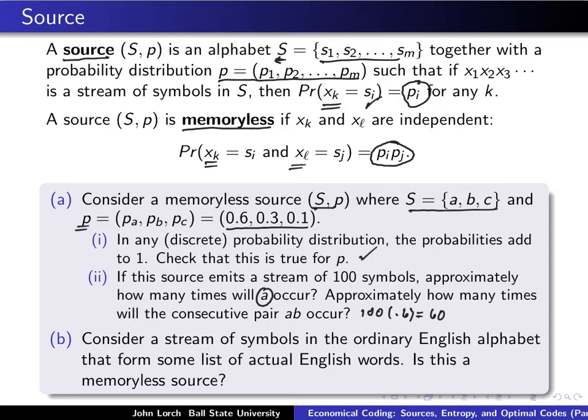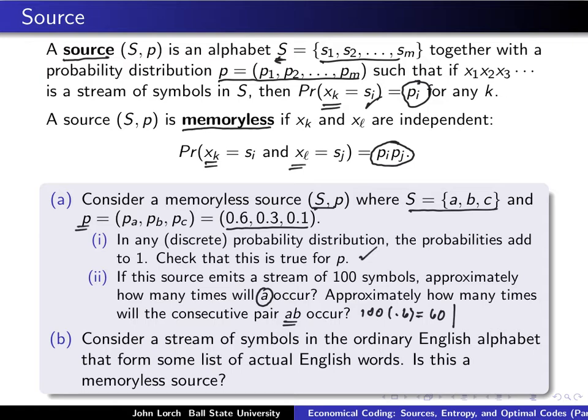The second question is about consecutive pairs. How many times will the consecutive pair AB occur in a stream of 100 symbols? If you think about 100 symbols next to each other, there are 99 consecutive pairs. There's the first and the second, and the second and the third, and so on and so forth, up until the 99th and the 100th.